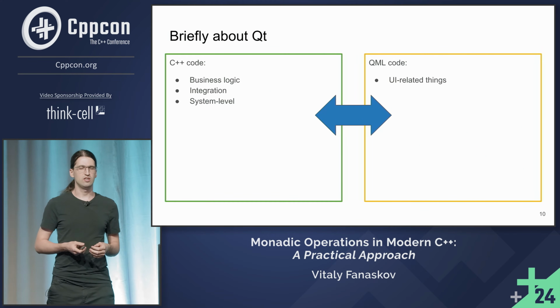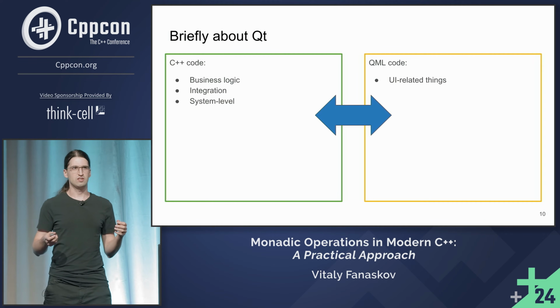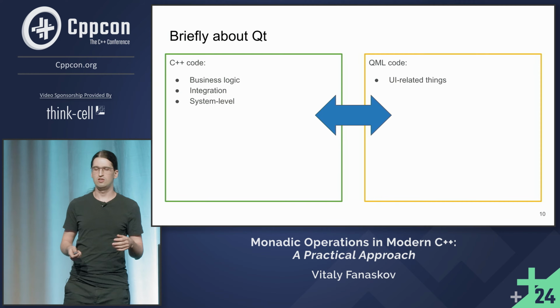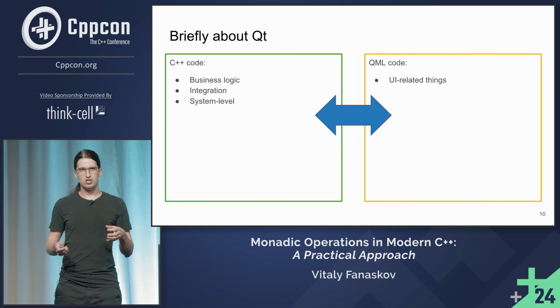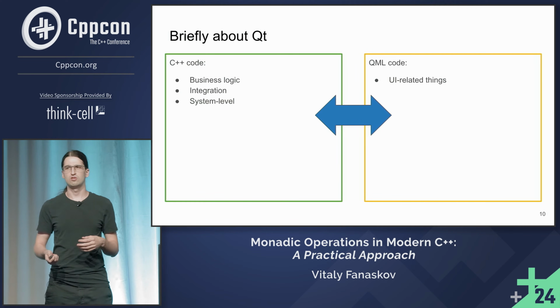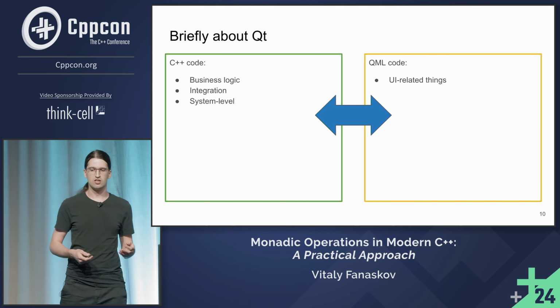Qt, the interesting thing, it kind of has 2 worlds. The first world is the world of C++ code. And in this world, we define our business logic, do integration with third-party libraries, some system level or, say, non-cross-platform abstraction.